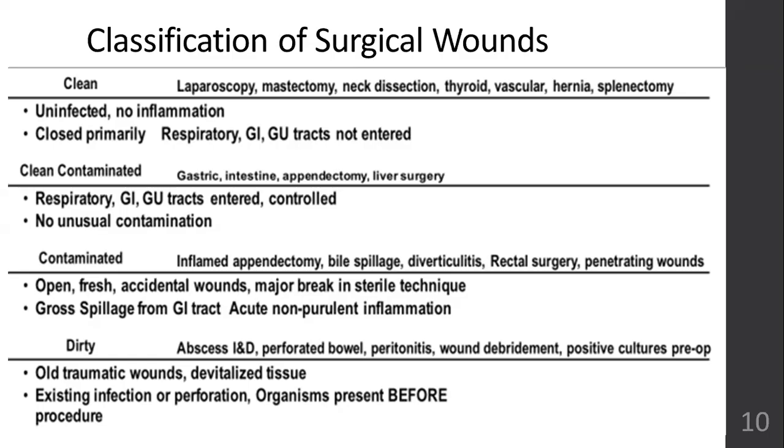That could lead to a contaminated wound. Then dirty wound from outside tissues, traumatic wound, existing infection, perforation, wounds that were not cleaned properly. Even before any surgical procedure was done, it was already infected. Organisms were already there. Septic wound. That is dirty wound. So these are the different classifications of wound.